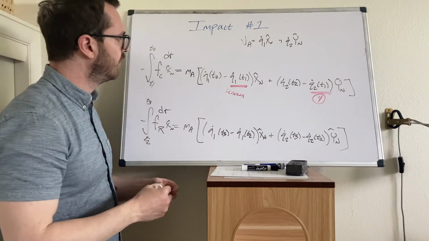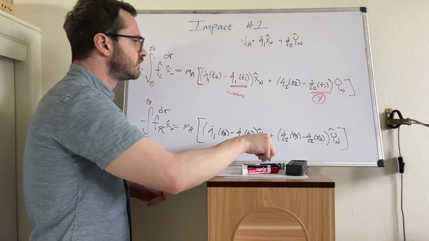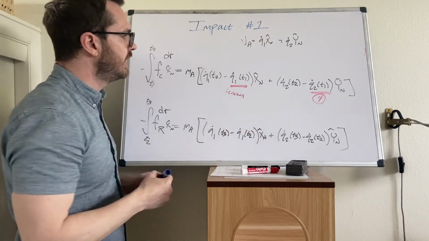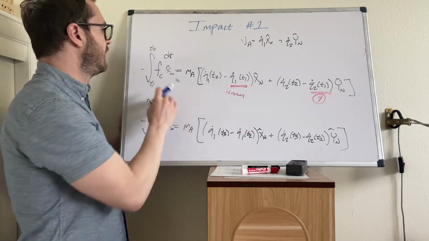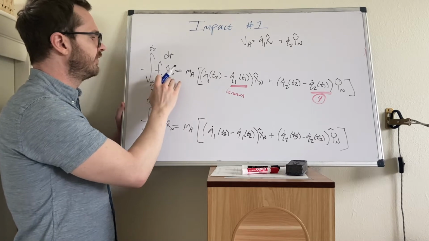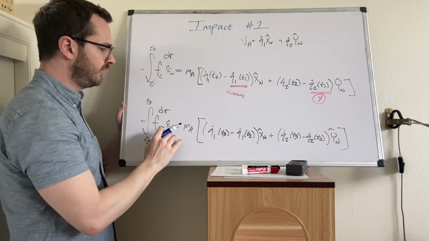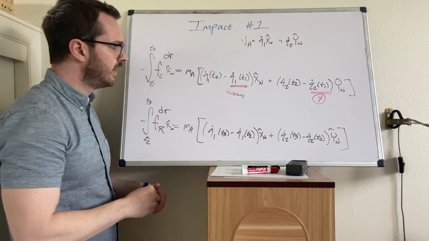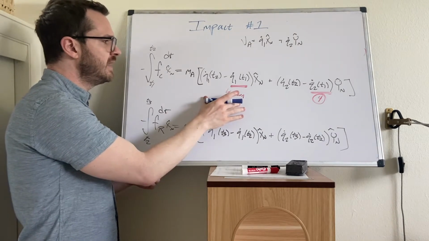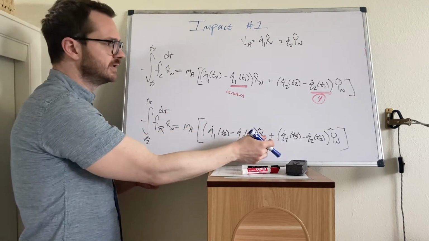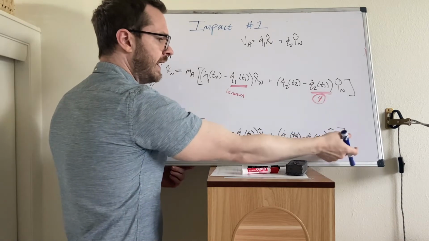Next, what else do we know? Well, we know that this force, the compressive force, is only acting in the x hat n. The restitution force is only acting in the x hat n. So they're only going to affect the momentums in the x hat n direction. What does that mean for the y hat n direction?